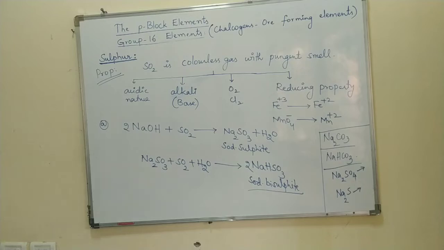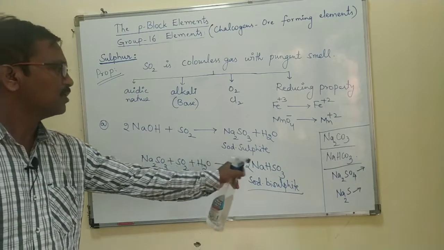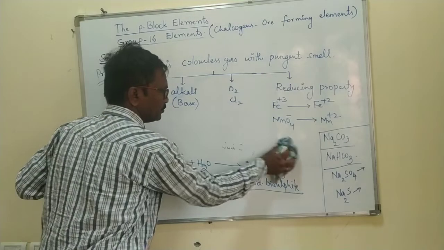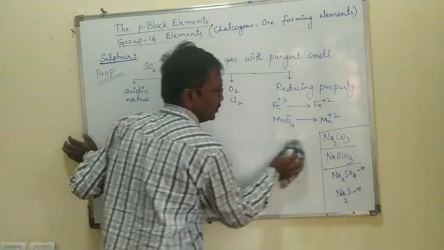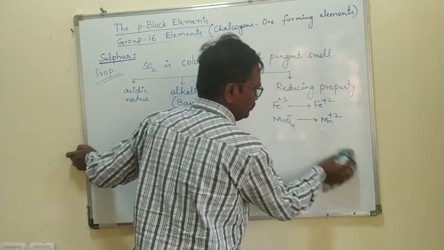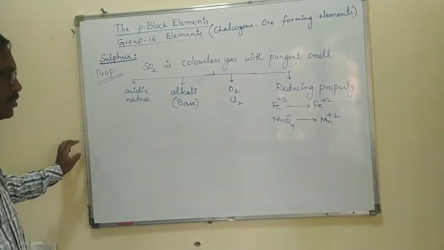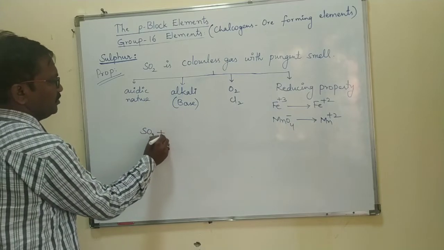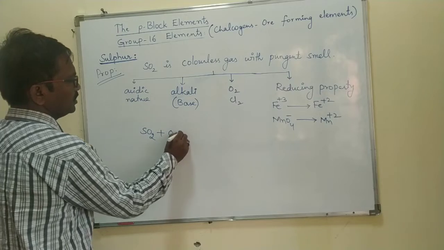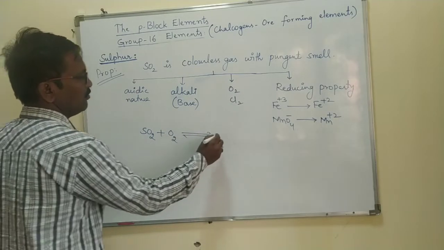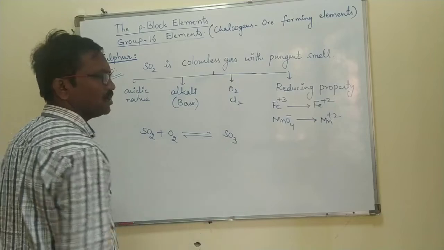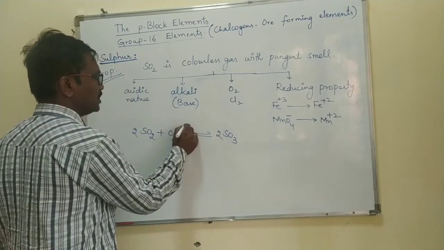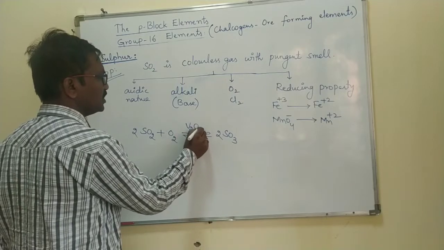The next one, reaction with oxygen and chlorine. You have studied this in the chemical equilibrium chapter, Le Chatelier principle. Sulfur dioxide plus oxygen gives sulfur trioxide in the presence of vanadium pentoxide.